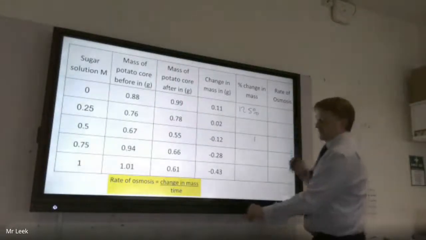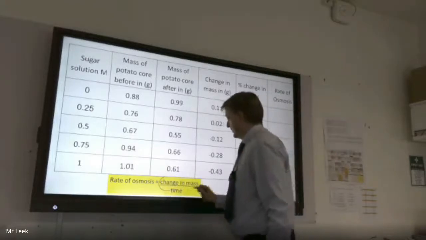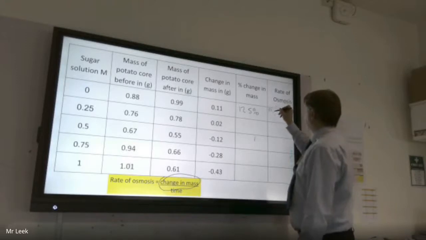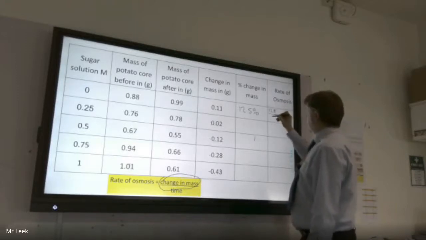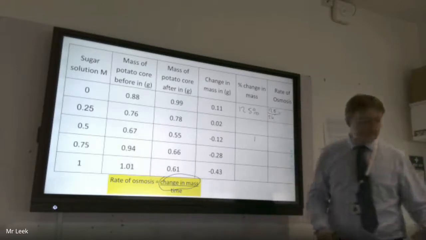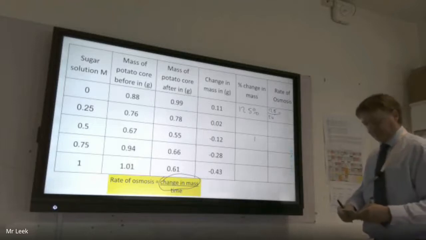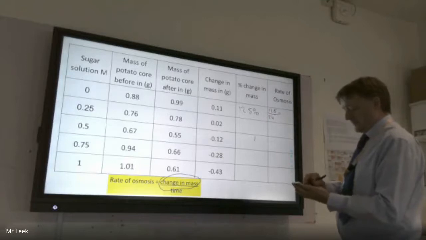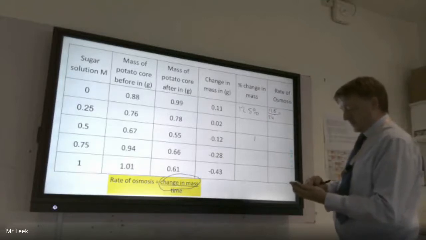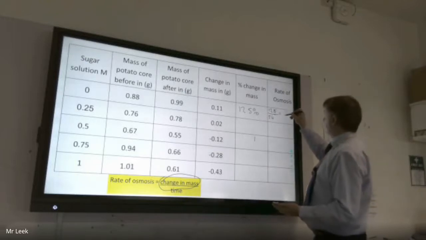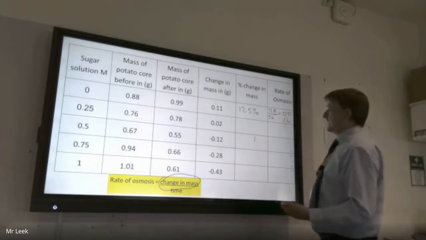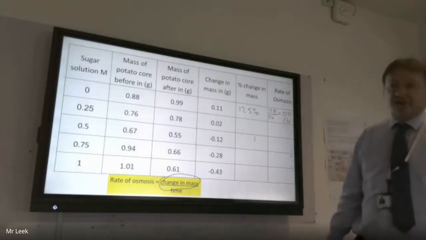So to work out the rate of osmosis, you go to the change in mass, which is 12.5, divided by 24 hours, equals, I'll just do that on my calculator, 0.52 per hour. So basically it's 0.52 per hour.